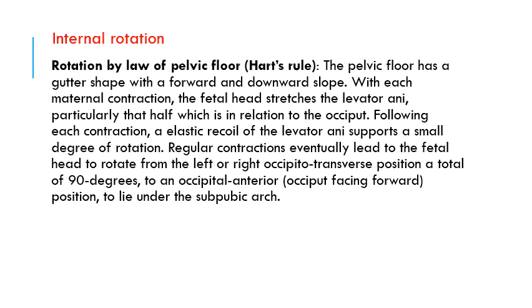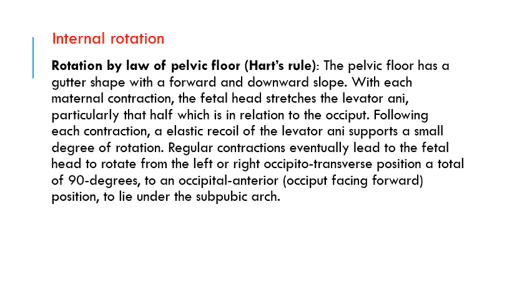Now, internal rotation. There are several theories which explain internal rotation of the fetal head. One is rotation by law of pelvic floor or Hart's rule. The pelvic floor has a gutter shape with a forward and downward slope. With each contraction, the fetal head stretches the levator ani, particularly that half which is in relation to the fetal occiput.